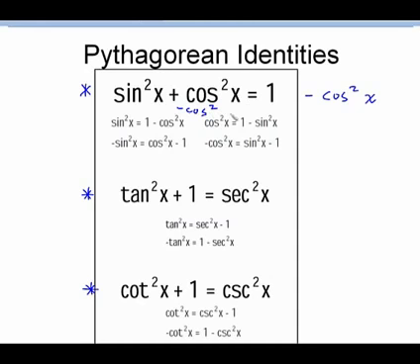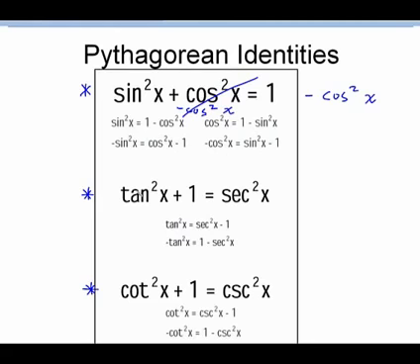So this is gone, so sine squared, once it's by itself, is equal to 1 minus cosine squared. That's how you get these 4 over here. All you're really doing is you're picking a term to isolate, okay? So from this, we're able to derive these 4 using algebra manipulation, okay?